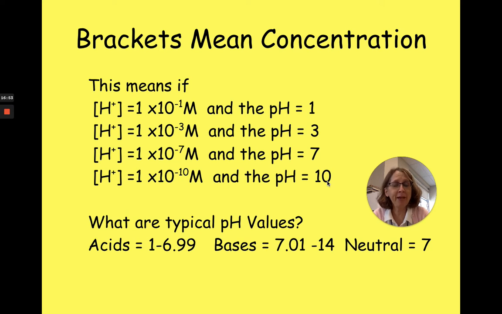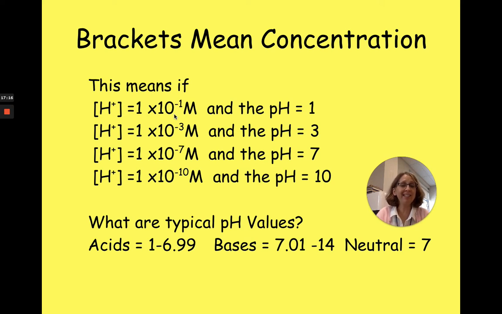What are typical pH values? You may be familiar that neutral is pH 7. Acids tend to be 1 to about 6.99, okay, like really neutral is 7. Really acidic is 1. Only slightly acidic is the closer you get to 7. And that's because as you get towards 7, you're getting less and less hydrogen.